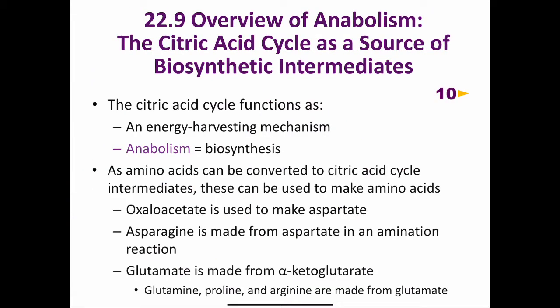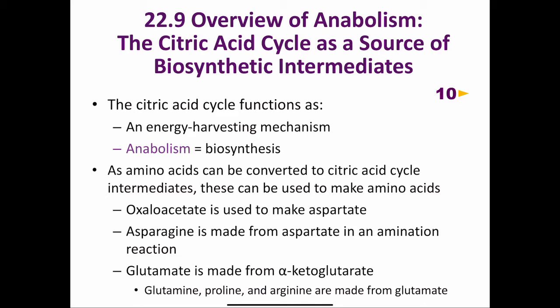As you may already suspect from the fact that amino acids can be converted into citric acid cycle intermediates, these same citric acid cycle intermediates can also be used as starting materials for the synthesis of amino acids. Oxaloacetate provides the carbon skeleton for the one-step synthesis of the amino acid aspartate by the transamination reaction. Aside from providing aspartate for protein synthesis, this reaction provides aspartate for the urea cycle as well.